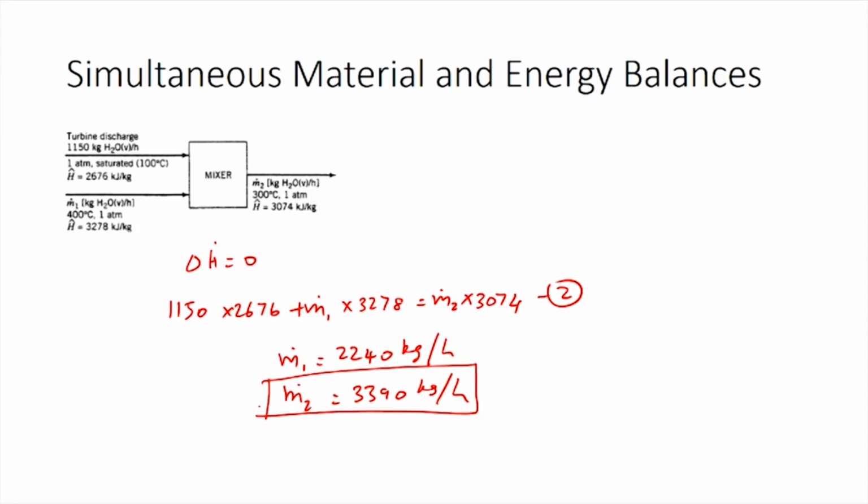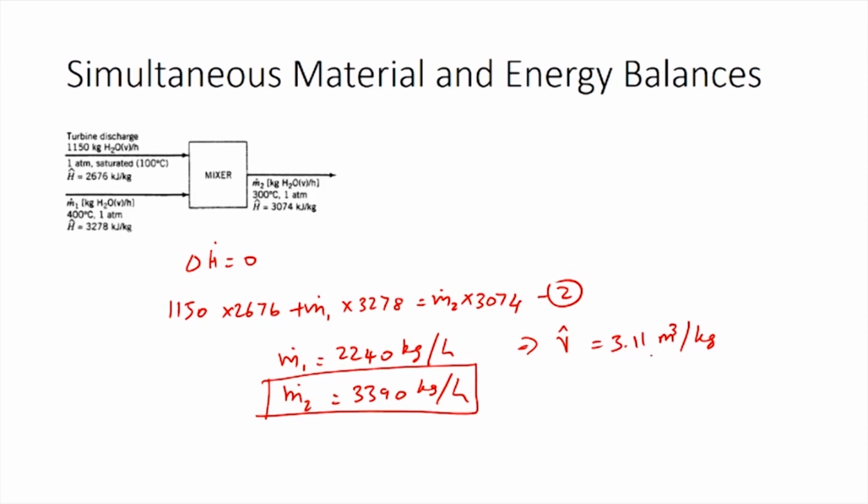We have also been asked to calculate the volumetric flow rate of the superheated steam at 400 degrees Celsius which needs to be supplied to the mixer. We have the mass flow rate, and we can convert this to the volumetric flow rate using the specific volume data which is available in the steam tables. The specific volume for this particular condition is 3.11 meter cube per kilogram.